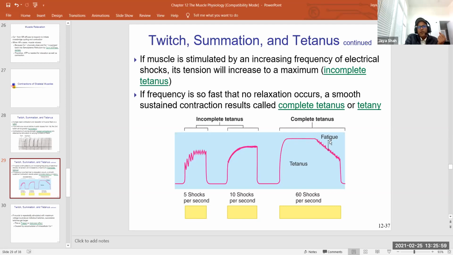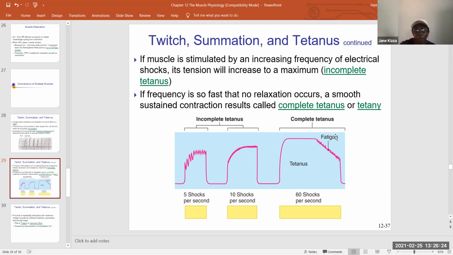But does it remain forever? No. Why not? You get tired. Muscle fatigue. Why do you have muscle fatigue? Lactic acid, I think. The calcium, the troponin leaves the site, it's taken back by ATP.